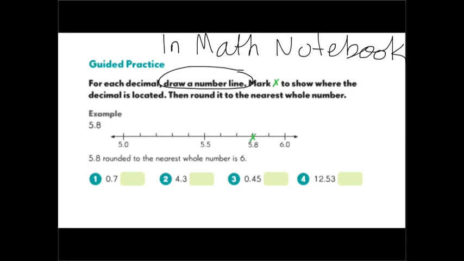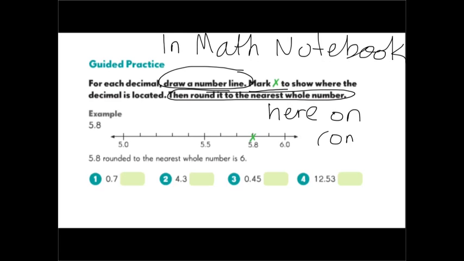And you can mark an X in your notebook where the decimal is located. But I would like you to show the answer of rounding it to the nearest whole number here on the computer. So let's look at the answers that you found.